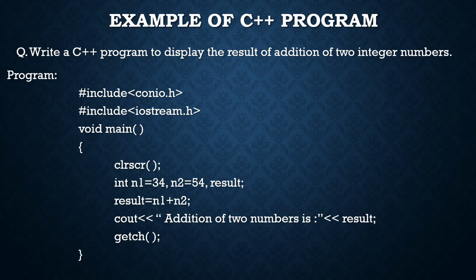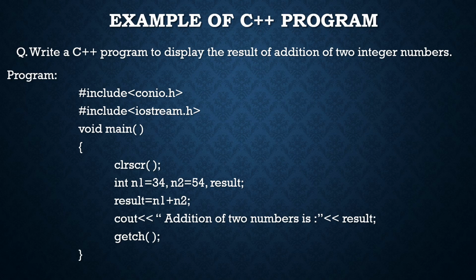After that I have given the insertion operator, then I put the variable to display the result, where I have stored the result in the result variable. Here I need to write only the variable name without double quotation marks. So mind this one.